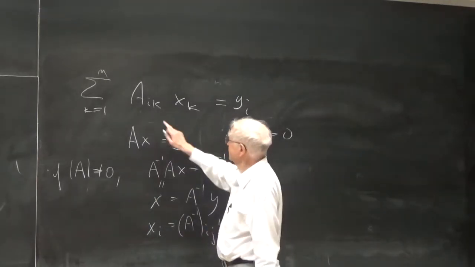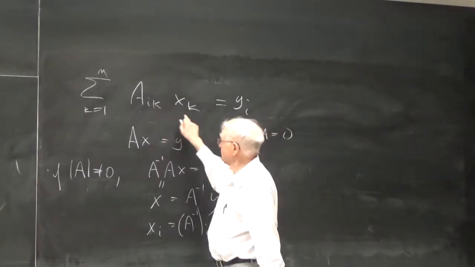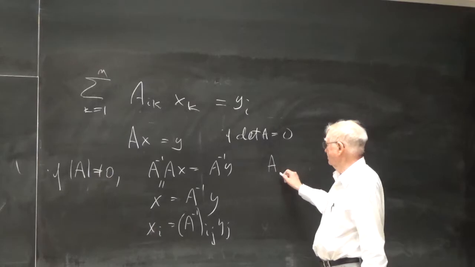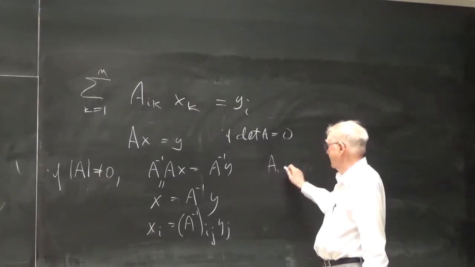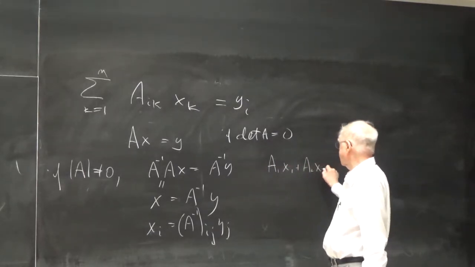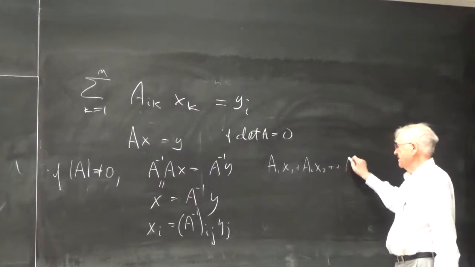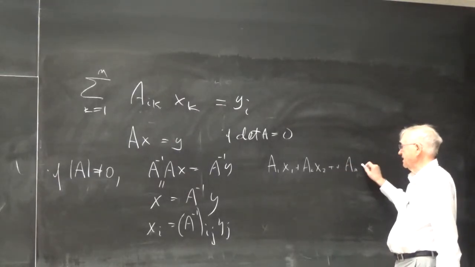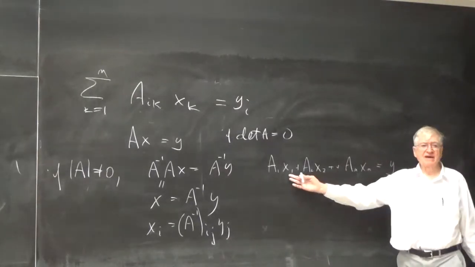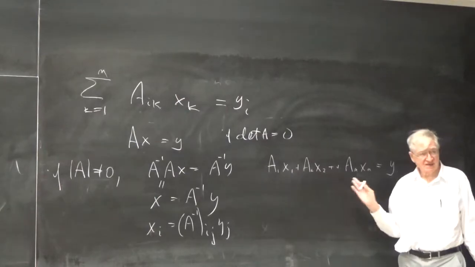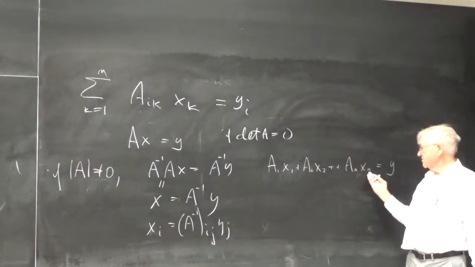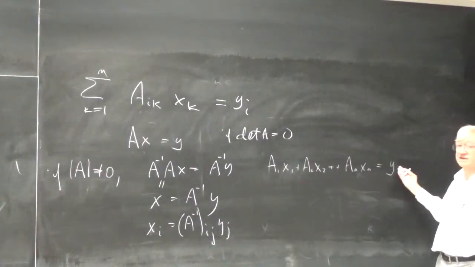What you can think of is that this matrix multiplication is basically taking column 1 of A times x1, plus column 2 of A times x2, plus dot dot dot, plus column n of A times xn, equal to the vector y. If the columns are linearly independent, then they're complete, and you can find coefficients x1 to xn that give you y.